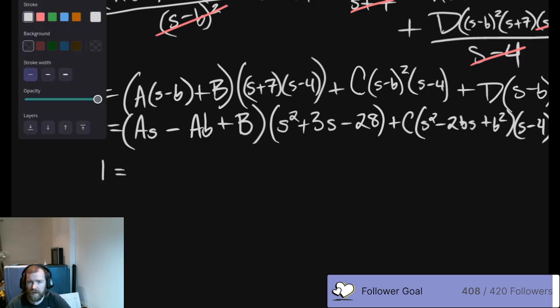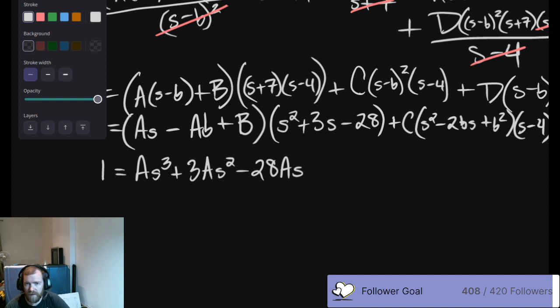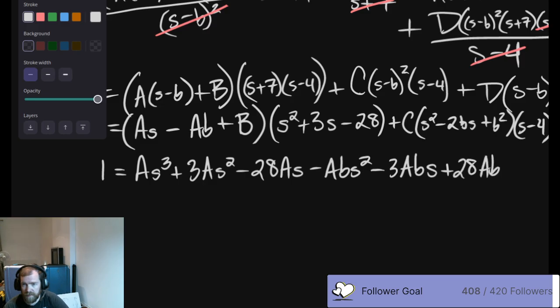Okay, and then here we're going to multiply through, so this is going to be a s cubed plus 3a s squared minus 28as minus a lowercase b s squared minus 3abs plus 28ab.